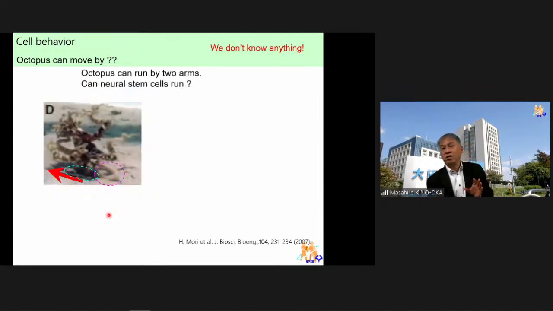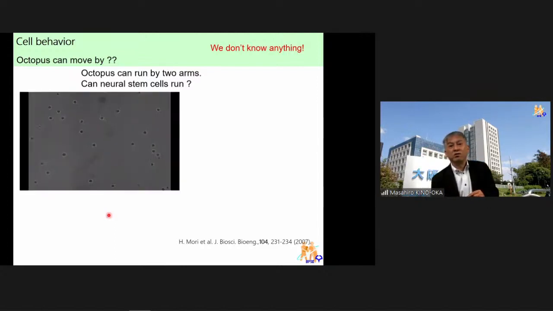How about the neural stem cells? Neural stem cells are the origin of the neuron. We check the cells using a movie. They can migrate, because the neural stem cells, well known as floating cells, during the culture start to migrate without legs.